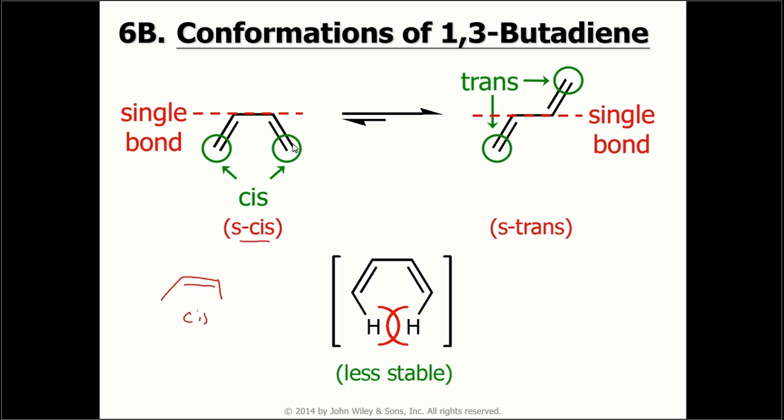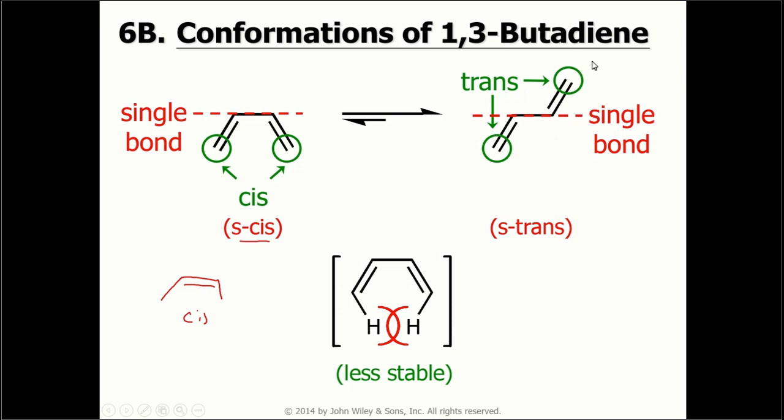So the S-cis conformation has our two pi bonds on the same side of this molecule. The S-trans conformation has the two double bonds on opposite sides of the single bond, opposite sides of the molecule.